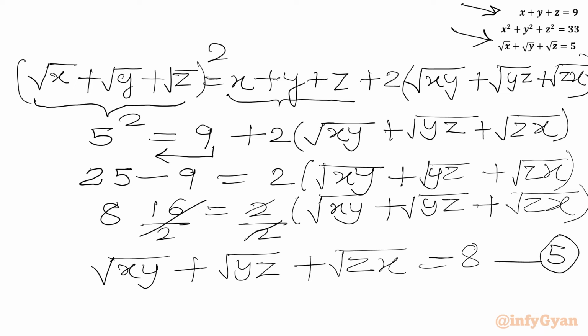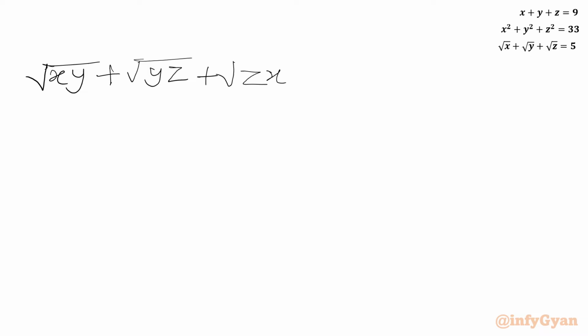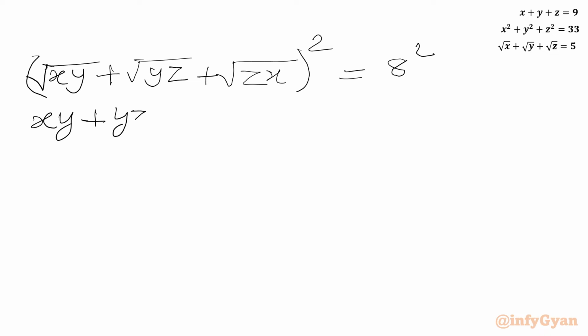Again we are going to consider squaring of the same equation, equation number 5. So we can write here √xy + √yz + √zx = 8. Let's consider squaring both sides. Again, we will use the same formula. We will get (√xy)² which is xy, (√yz)² which is yz, (√zx)² which is zx, plus 2 times.